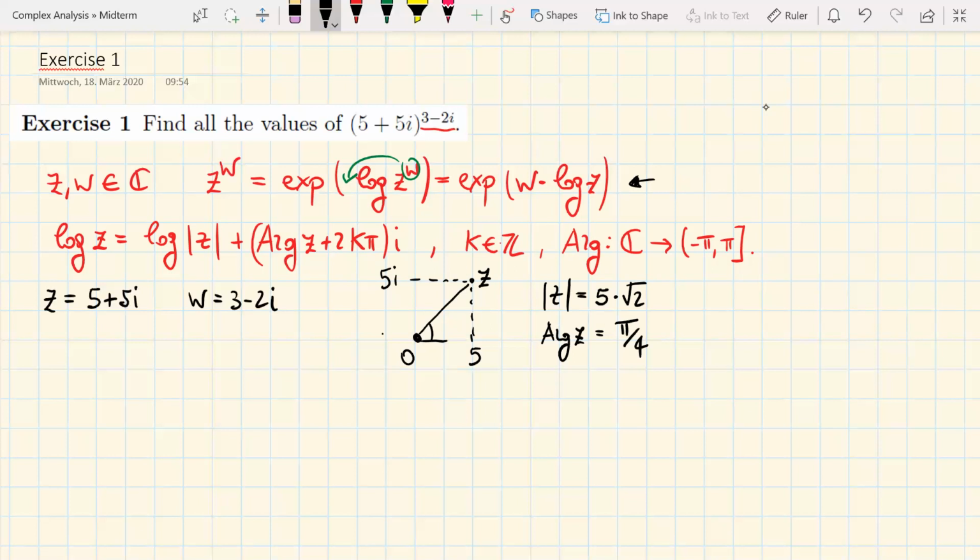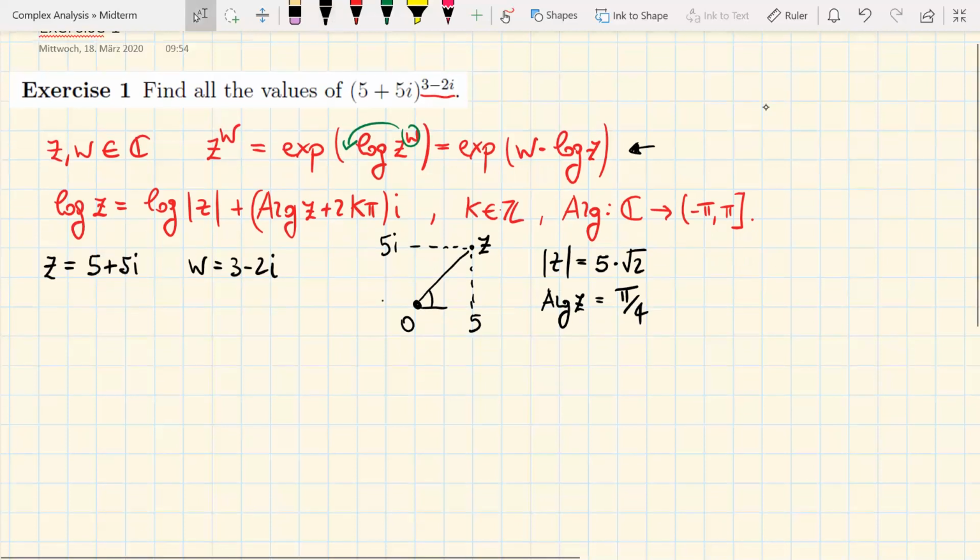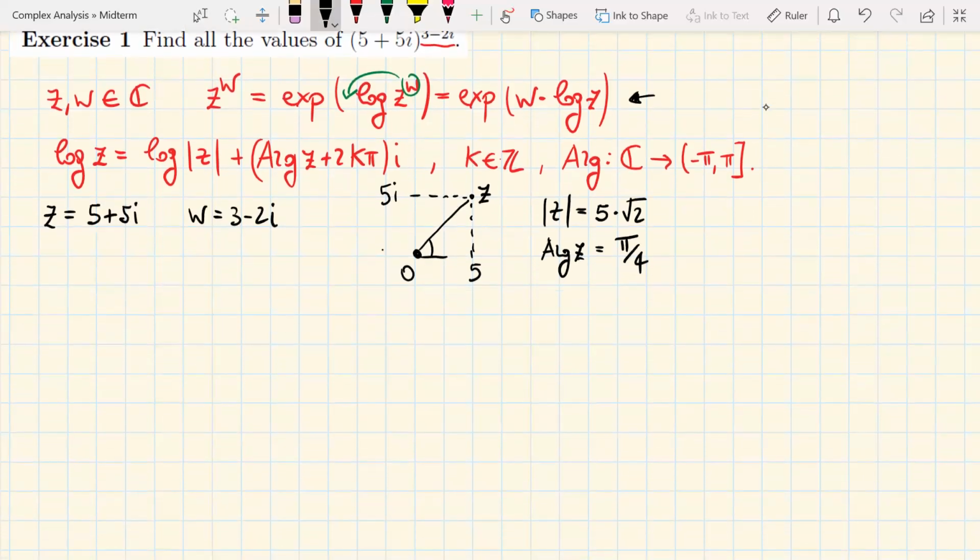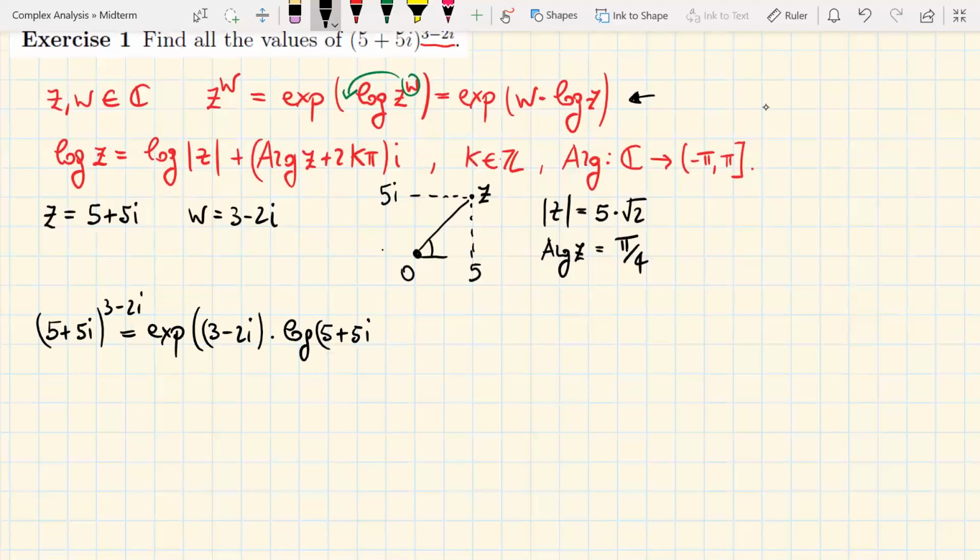Now we can substitute in the main formula, and we find that (5 + 5i)^(3 - 2i) is the exponential of (3 - 2i) times the logarithm of 5 + 5i.